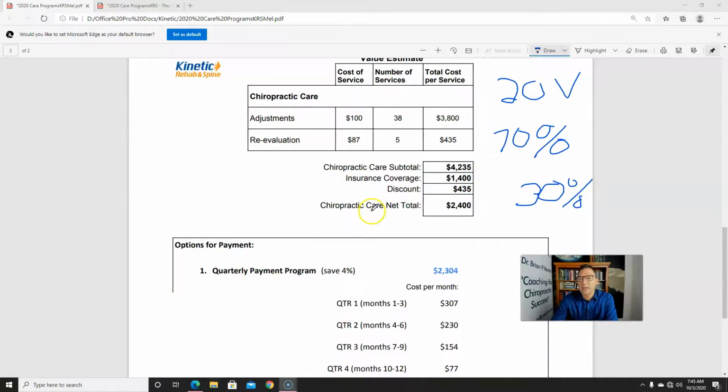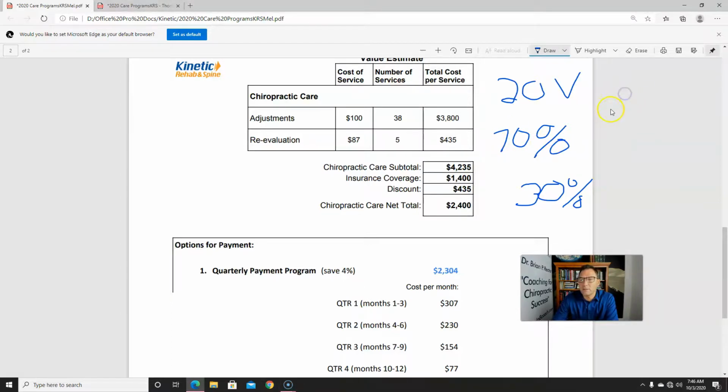All right, so let's look at another plan. This one has 20 visits covered at 70% with 30% copay or coinsurance. What happens here? Obviously, you take 70% of a visit, which is 100. So for easy math, it's going to be $70. I'm going to write that out here.